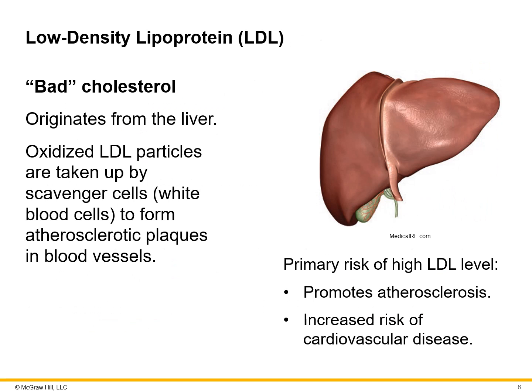All right, now there are some different types of lipoproteins. So there's low density, or LDL. This is referred to as bad cholesterol. It starts out in the liver, and these LDLs are taken up by scavenger cells or white blood cells, part of our immune system, and it actually forms these plaques on the inside of blood vessels, and that ultimately builds up, and it can lead to heart disease and high blood pressure.